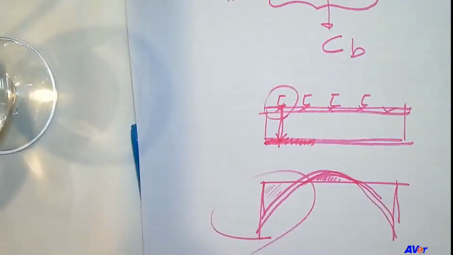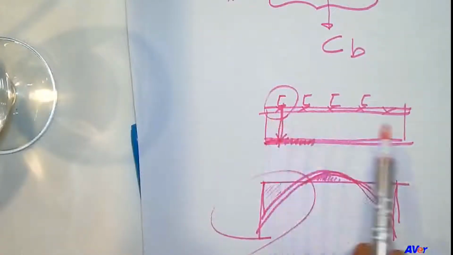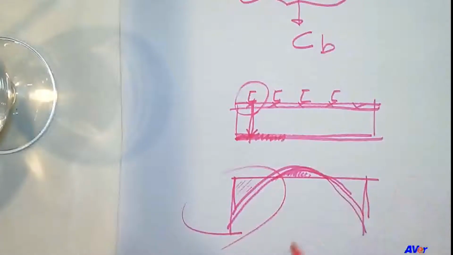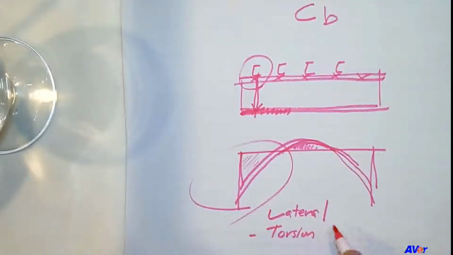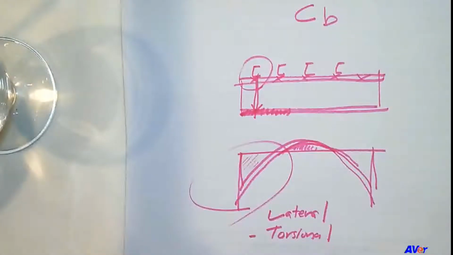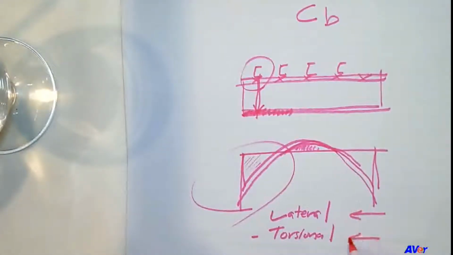Let's not forget that the behavior of the beam under moment is called lateral torsional buckling. That means both of them have to happen at the same time. In English, we use the word simultaneously.